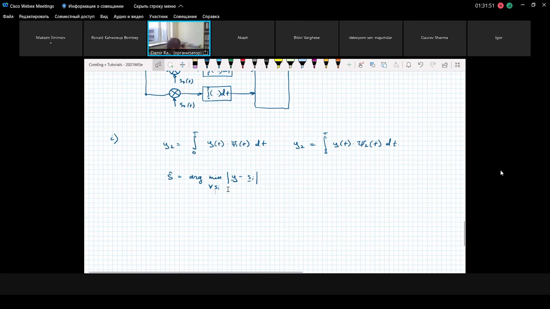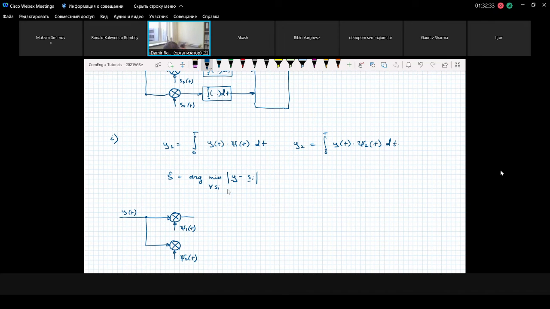So, how will the resulting diagram look? Actually, I just need to repeat almost the same diagram as before. We have input signal y of t, and then we have 2 correlators. For the first correlator, we multiply the input signal with the first basis function. And for the second correlator, we multiply our input signal with the second basis function.